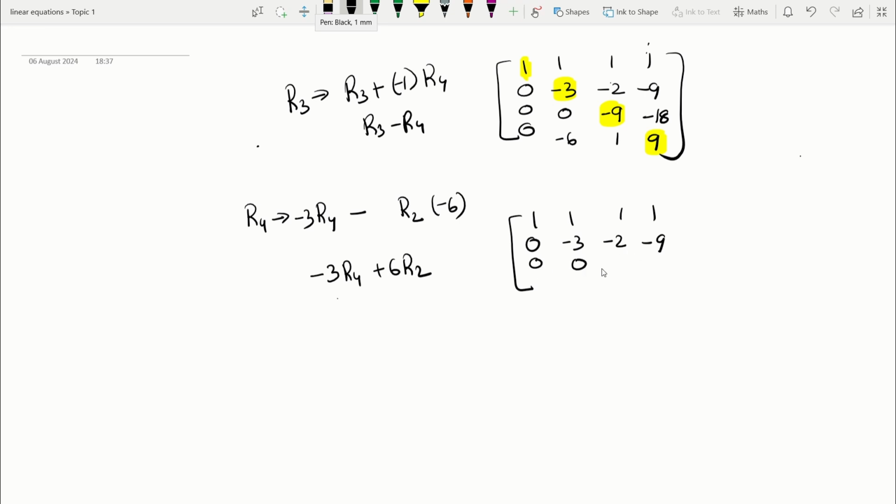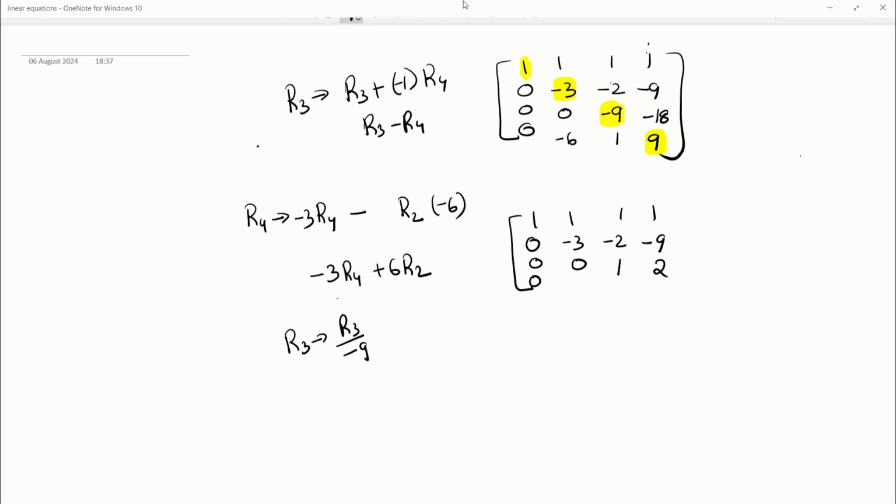So here I need to make this place as 0. Fine. For that, R1, R2, R3, R4. R4 implies R4 minus of R2 I am taking. Okay, R2, because all these are zeros, right? And R4 element what? Minus 6 is there.